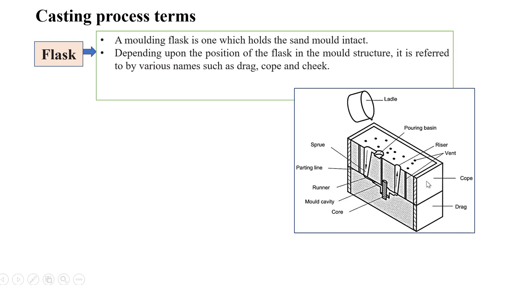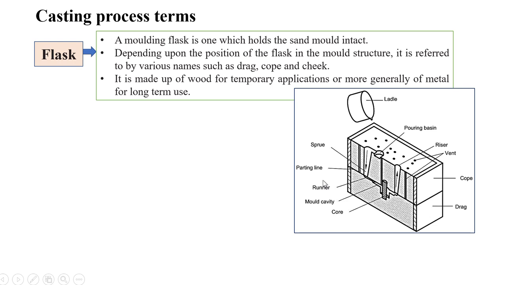This top portion is called the cope, and this is called the drag. If we use a three-part mold, then between these two parts a cheek is added. It is made of wood for temporary applications, or more generally of metal for the long term. So it depends on the use.